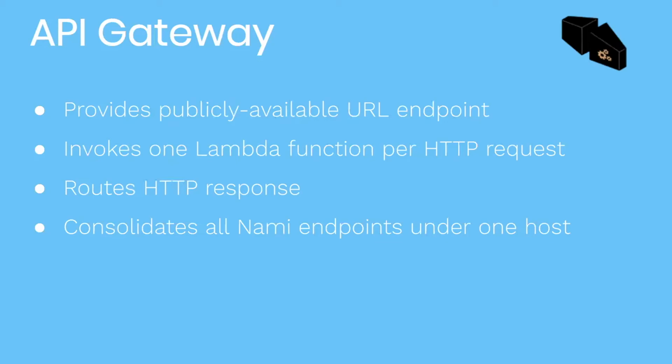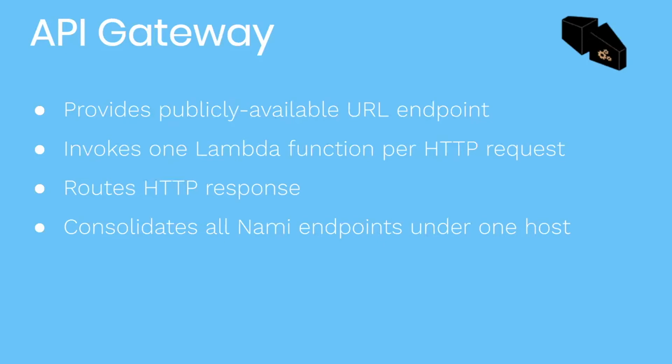So we use API gateway to publish that URL that can then be subscribed to the webhook. The endpoint is configured to invoke the Lambda when it's visited. And then the gateway can route the Lambda's 200 status response back to the webhook producer when it's successfully received.